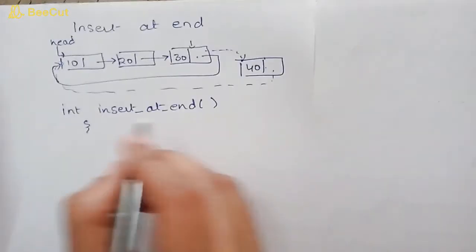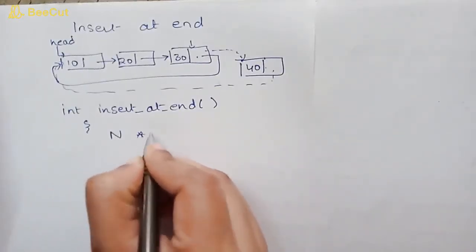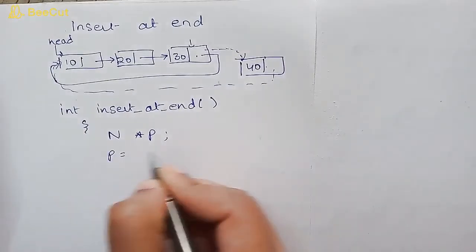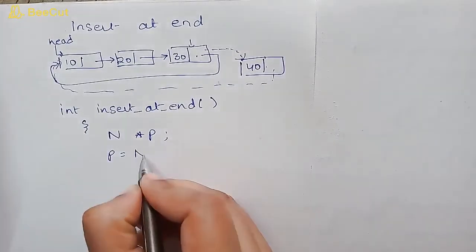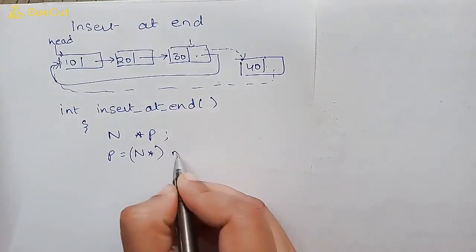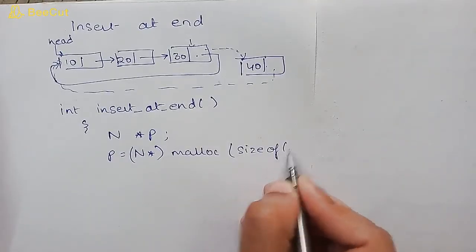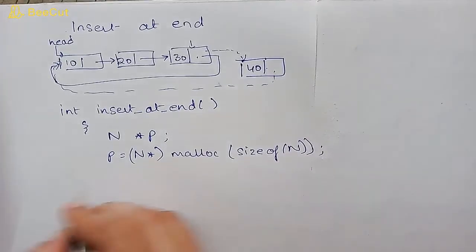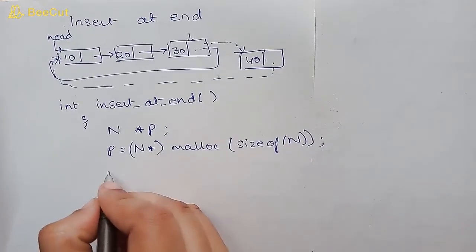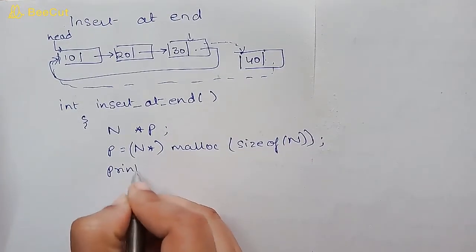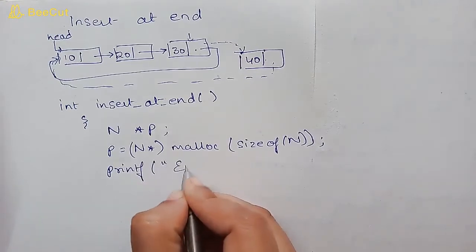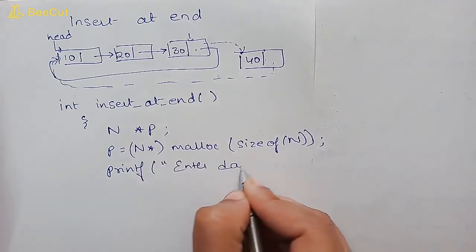So in insert at the end, I'll take a pointer p and allocate memory using the malloc function, right? After that I'll ask the user to give some number so that I can insert it into the data field of this newly created node.